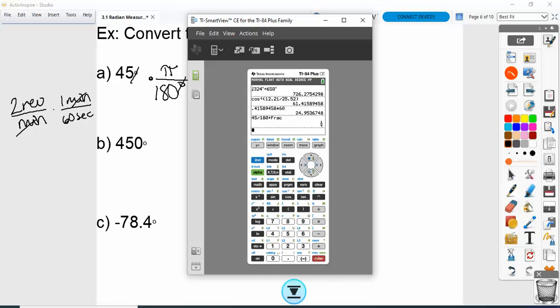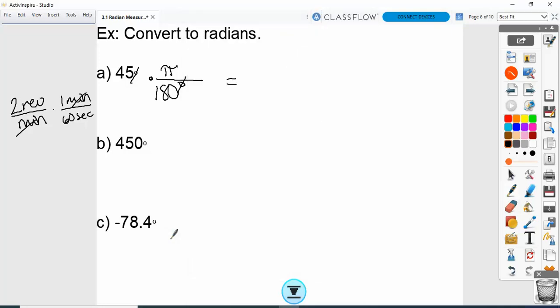So 45 over 180 is 1/4. So I try to avoid putting the pi in because pi is an irrational number. It goes on forever. If we can get a nice fraction, then what I do is I only put in the 45 over 180 and then I put the pi back on my answer. So my answer would be pi over 4. Since there's no degree symbol, that is pi over 4 radians.